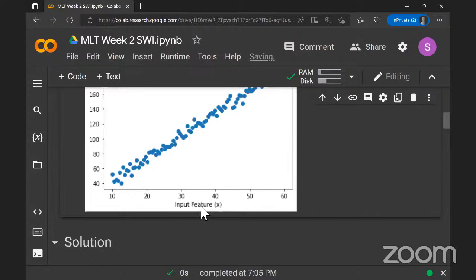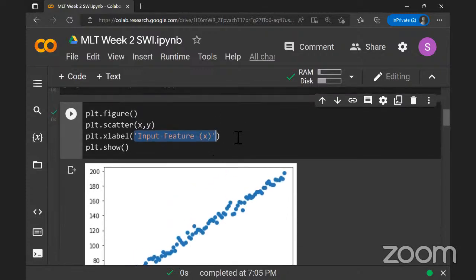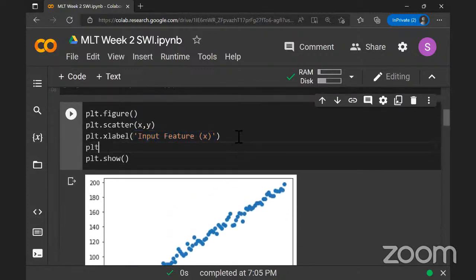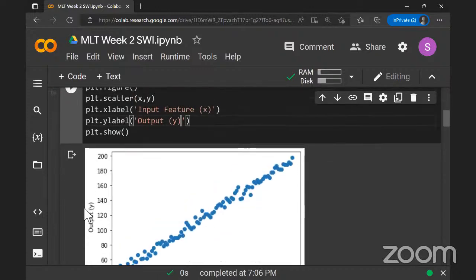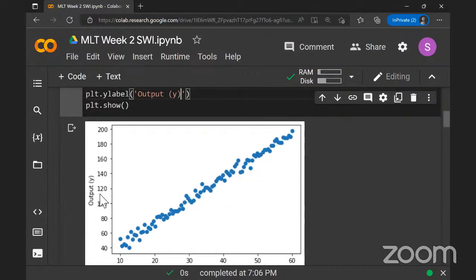Does it make sense? Yes, sir. And similarly, you can set the y label. Output. And here you can see now the y axis is also labeled.